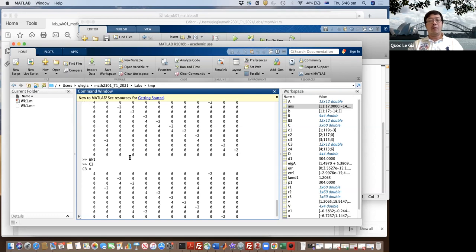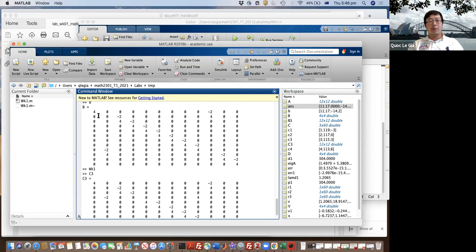So this is the fourth row, and this is the fourth row. Yeah, so that's correct. So the fourth row is the ninth row. So you get the idea, right? There are many ways to do it, but you get the idea.